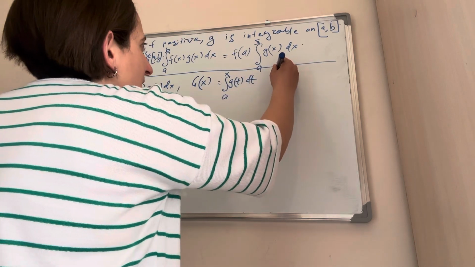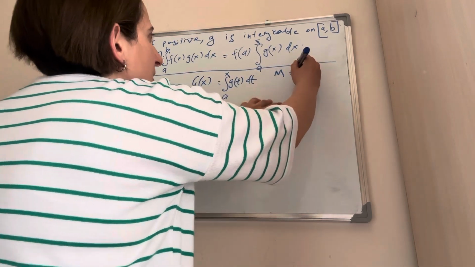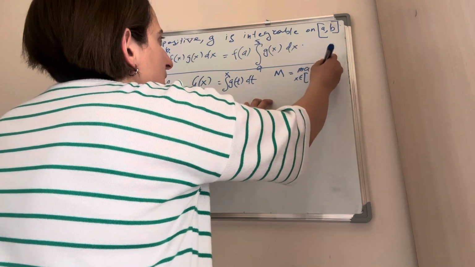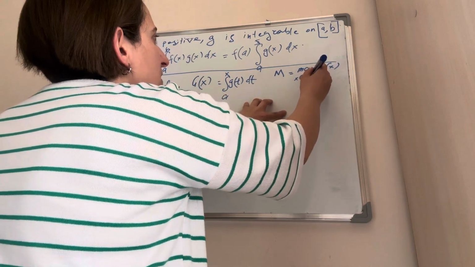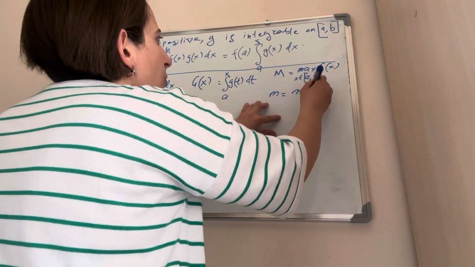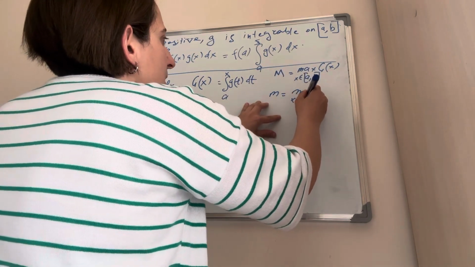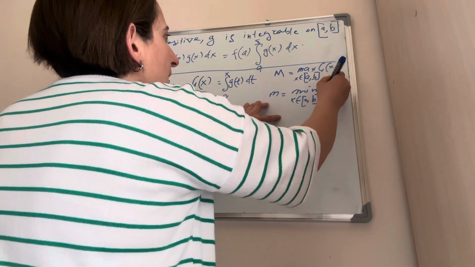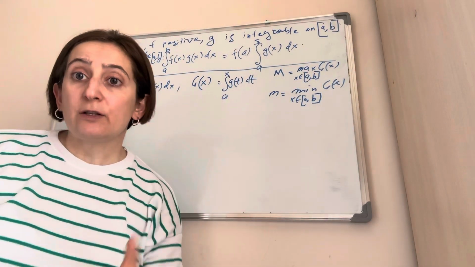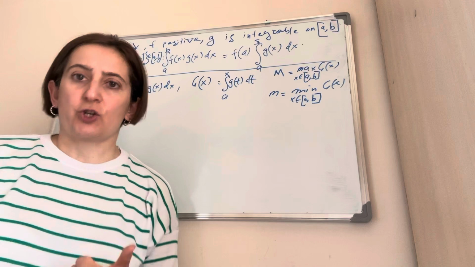Then capital M will be the maximum value of capital G(x) when x is from [a, b], and small m will be the minimum value. We used here that G, as a known fact from calculus, is a continuous function.